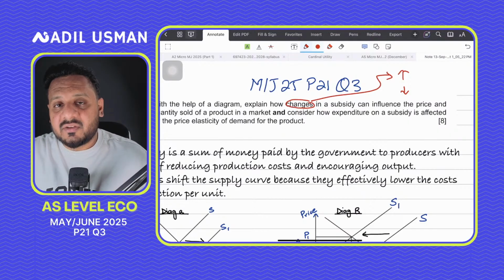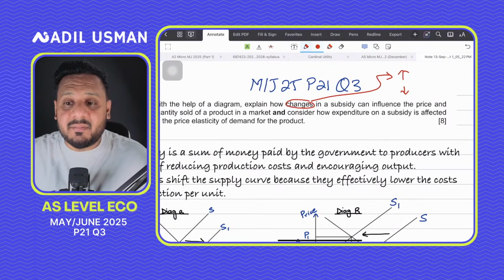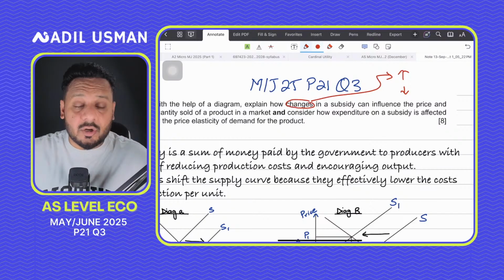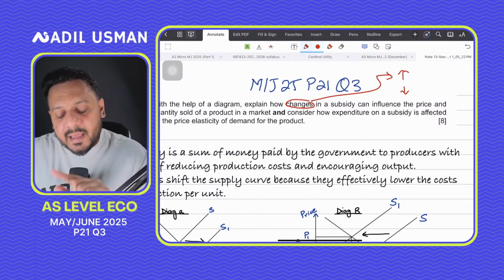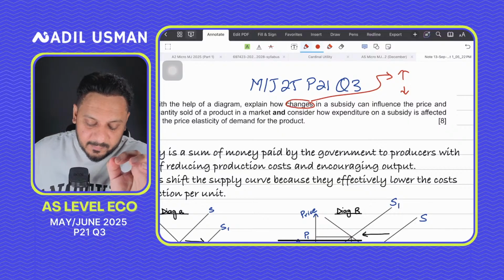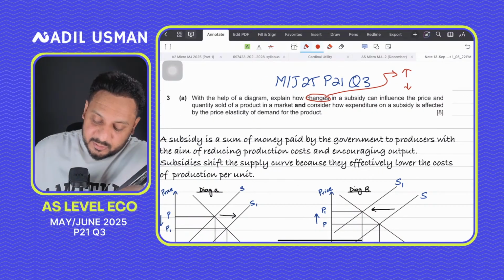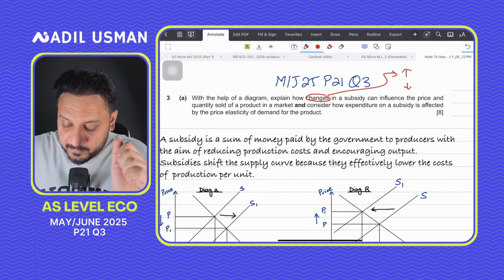Whenever the question comes on changes, or anything that could either go up or down, and they haven't mentioned whether they are talking about an increase in subsidy or a decrease in subsidy, you need to explain both, increase and decrease. And since they are explicitly saying with the help of a diagram, it means you have to draw the diagram for an increase in subsidy and the diagram for a decrease in subsidy.